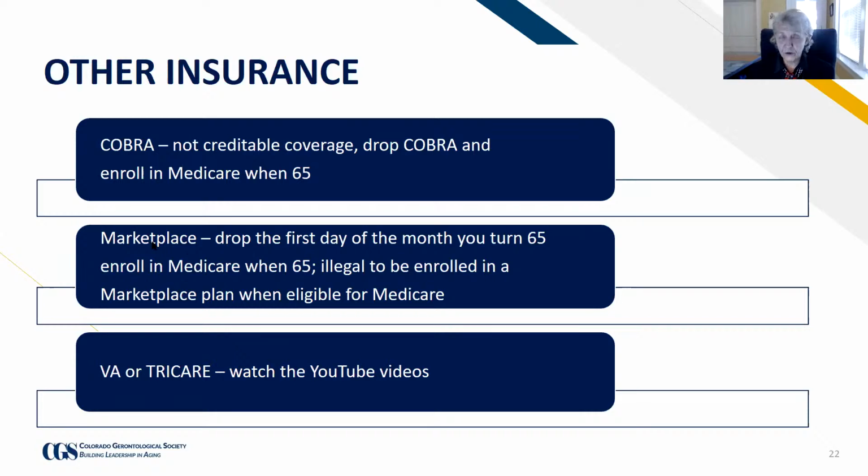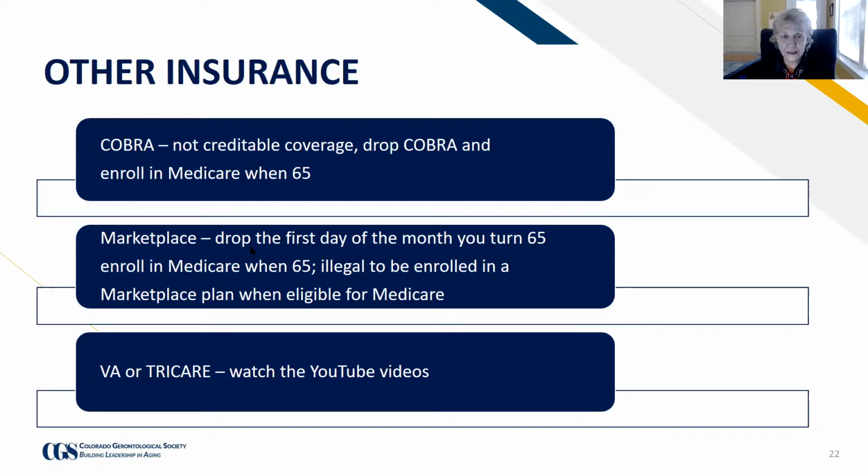So again, if you're in the marketplace, you're in an individual plan, not an employer group. If you know people who are in Obamacare turning 65, advise them to watch our YouTube video on new to Medicare and drop the marketplace plan so that you lose that coverage the last day of the month before you turn 65.